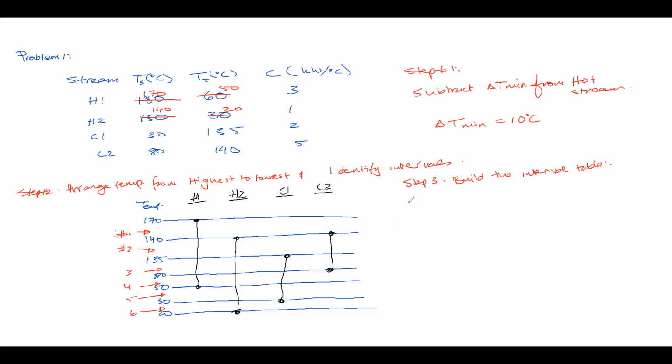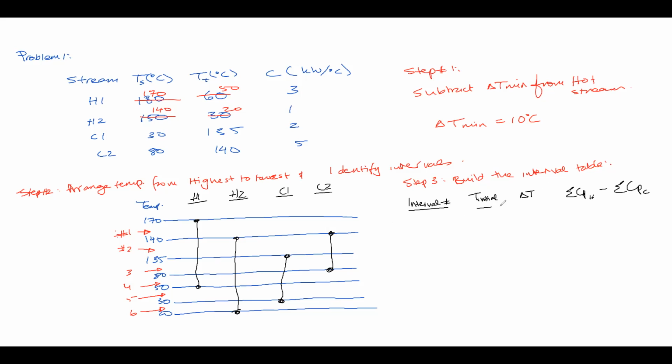In this case, I need to tabulate the interval number, the starting temperature of each interval, and the delta T of each interval. And then I need to calculate this metric, which is summation of Cp hot minus summation of Cp cold.